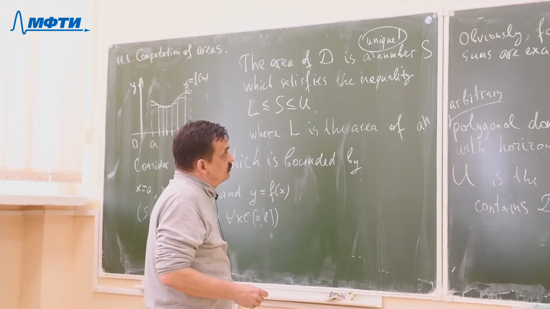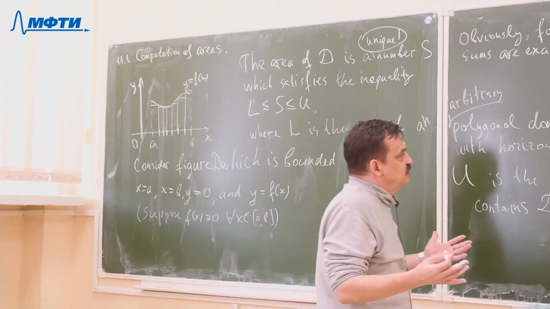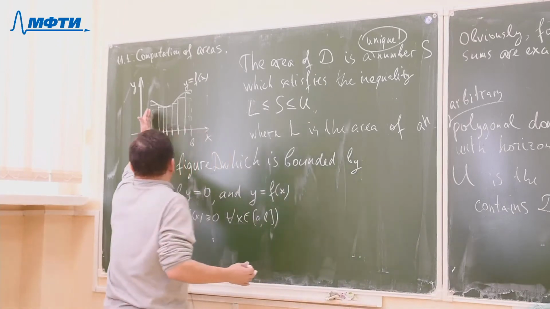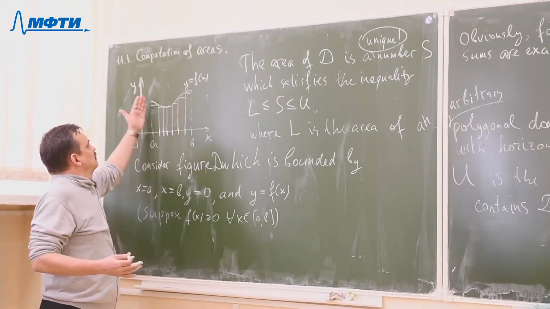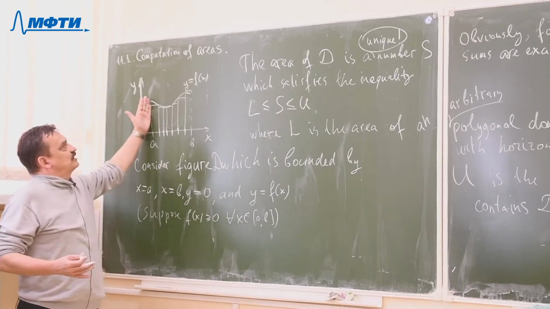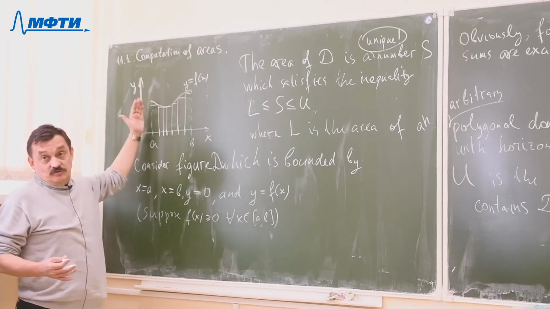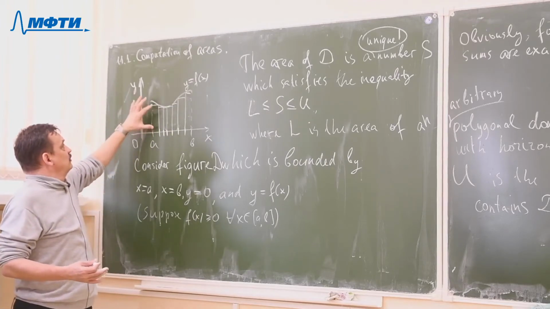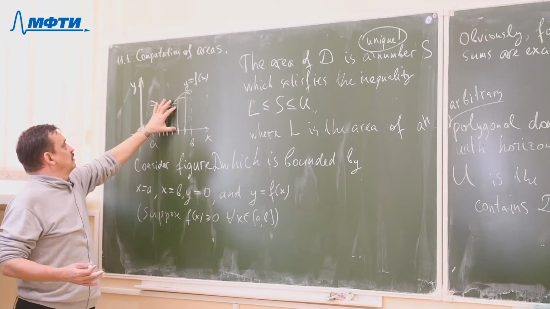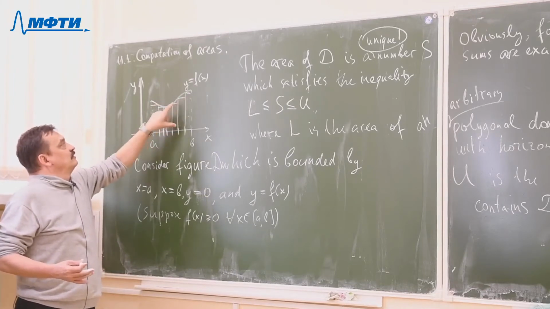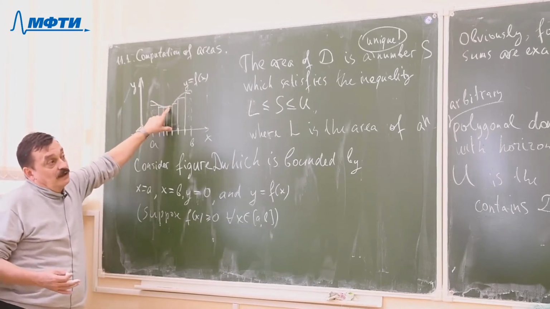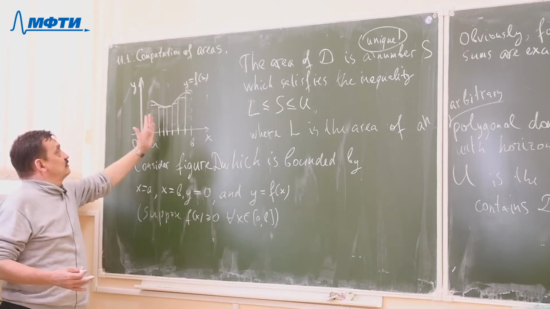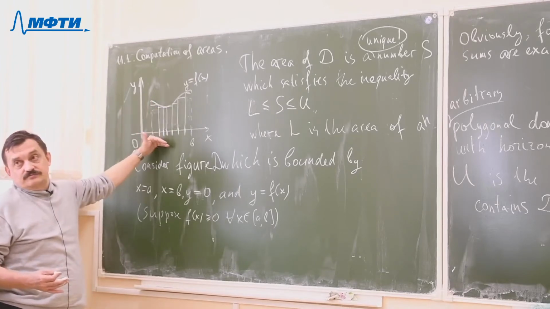For a while, okay, we have some geometric intuition behind, right? So you see, lower Darboux sums are the area of such rectangular, polygonal domains, specific polygonal domains. They are formed by rectangles with sides horizontal or vertical, right?